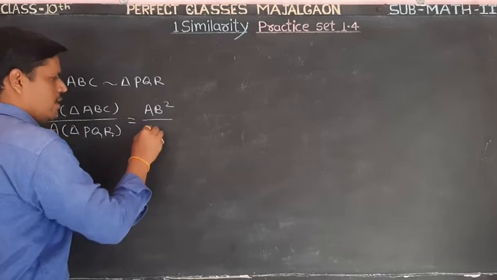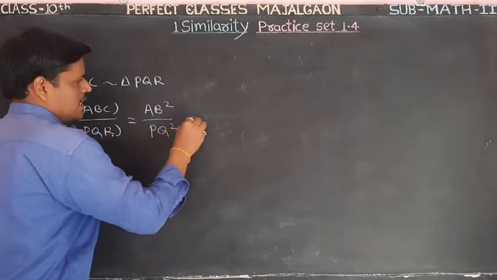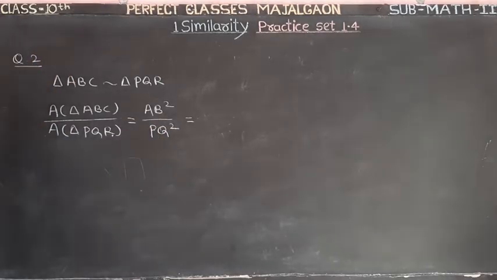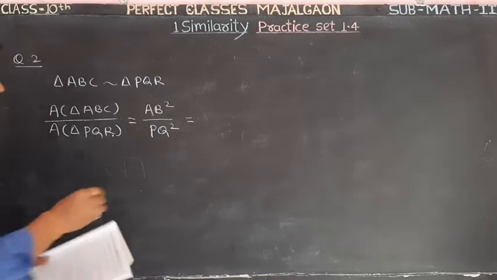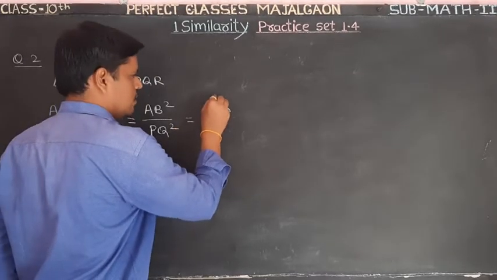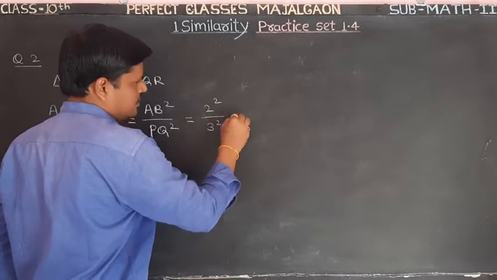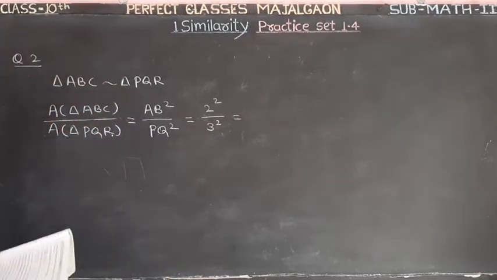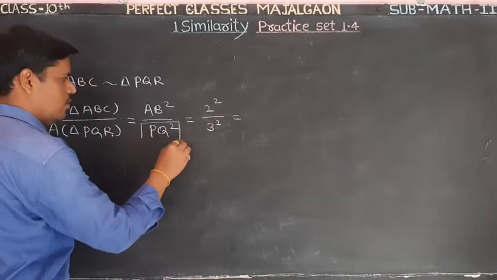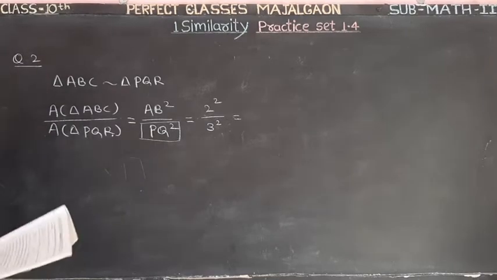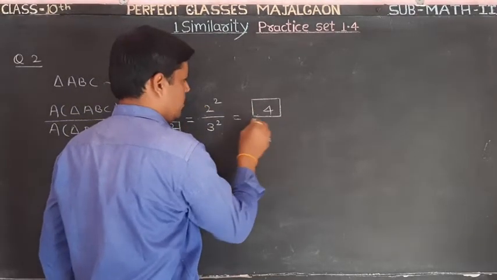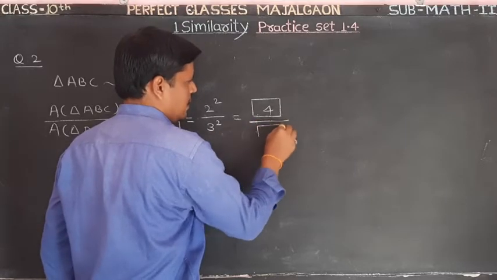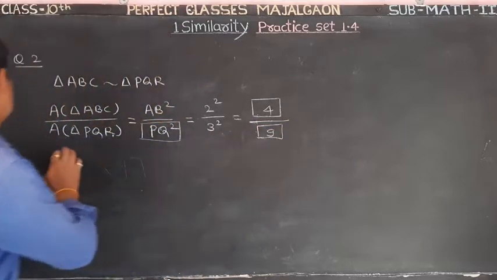Therefore we write PQ square, which equals 2 square upon 3 square. The square of 2 is 4 and the square of 3 is 9. Therefore we complete the second question.